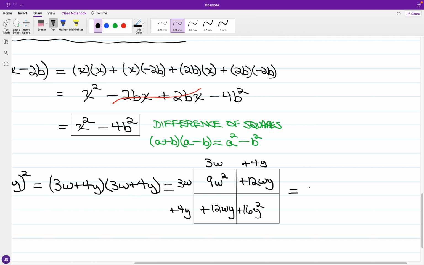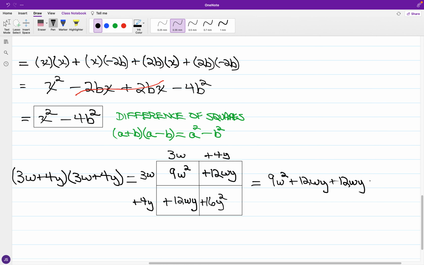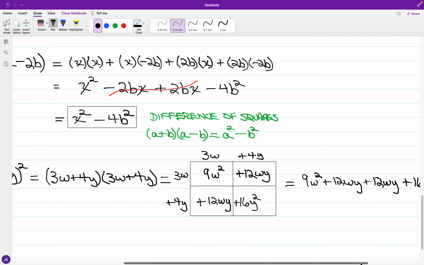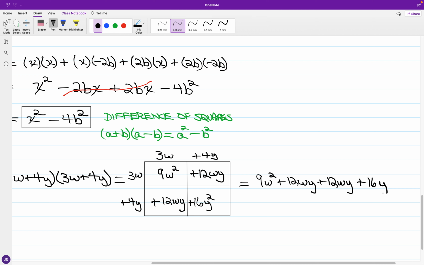And just taking the terms from the respective cells, you have 9w squared plus 12wy plus 12wy plus 16y squared. And for what we have here, okay, you got 9w squared.